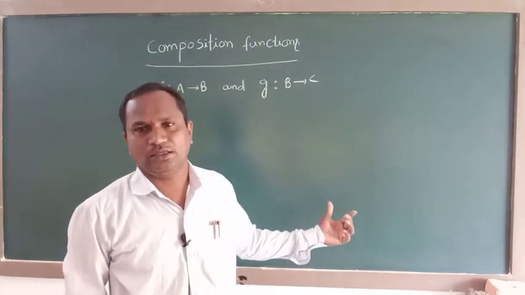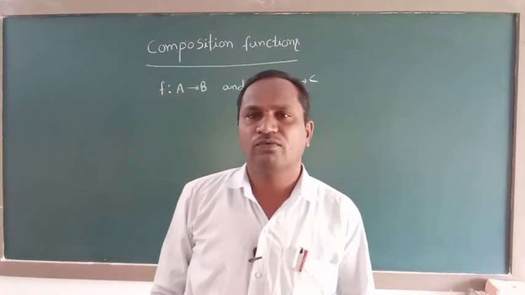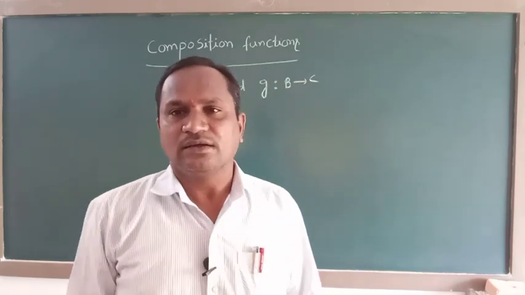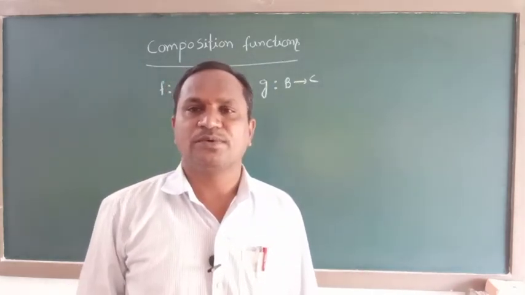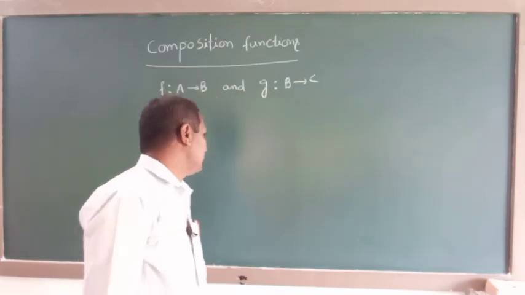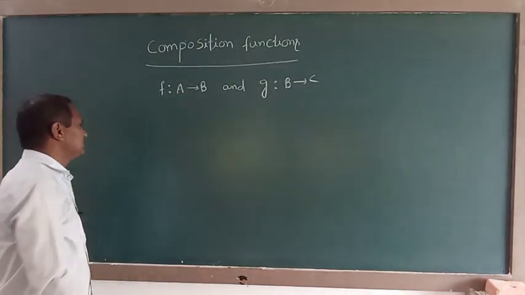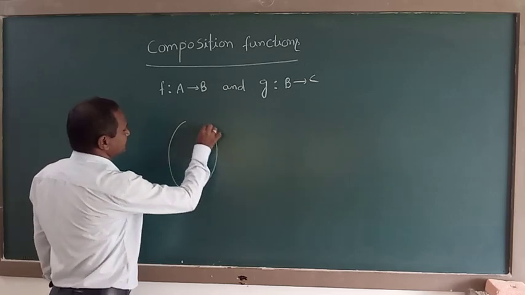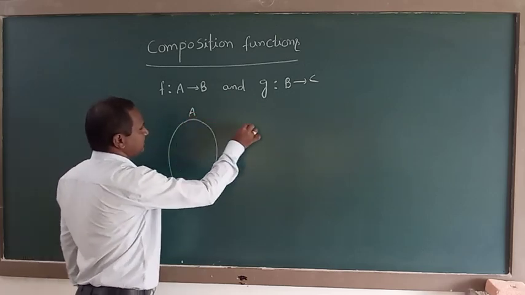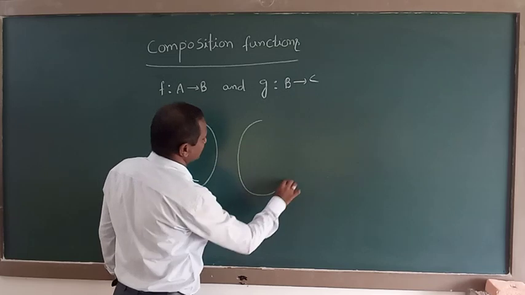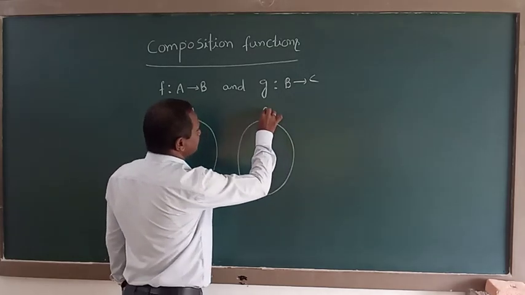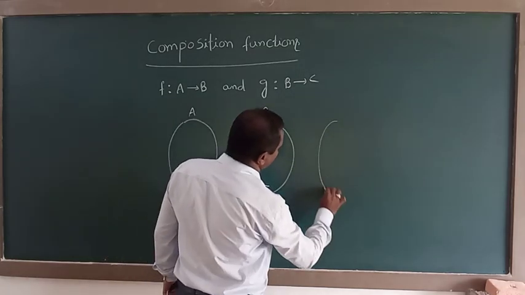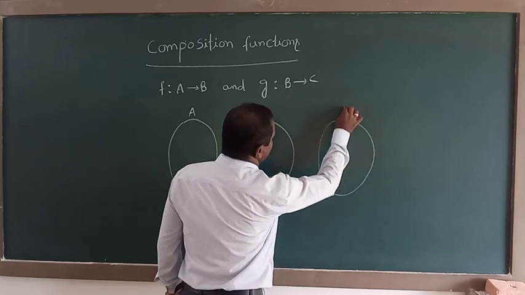So diagrammatically we can easily analyze how we are going to define composition functions. Here I am taking three sets. One set is capital A, another set is capital B, and another set is capital C.